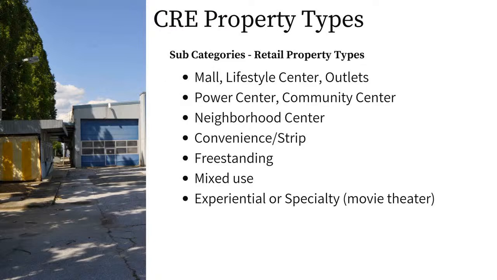Just to use retail as an example, right? So retail property type is one. There's also lots and lots of subcategories. On a large center, there's mall, lifestyle center, outlets. So that would be a retail property type. You got a power center or a community center. These would be somewhat large still, but these have what we call big box stores, right?